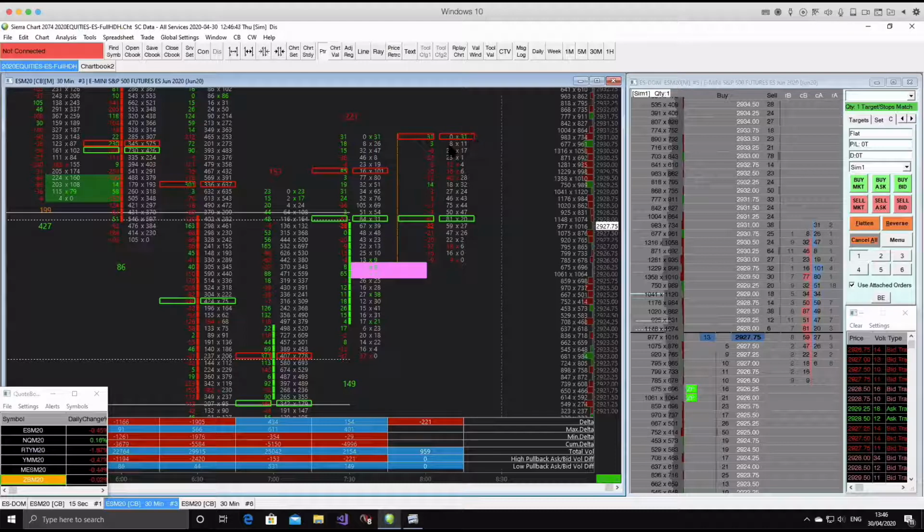On the way down, 8 contracts hit the bid, 11 lifted the offer. So that's different volume to 8 by 26. What that tells us is on the way up, 26 minus 11, so that's 15 contracts lifted the offer on the way up, and actually nothing hit the bid. So on the way up, we would have seen a 0 by 15 print.